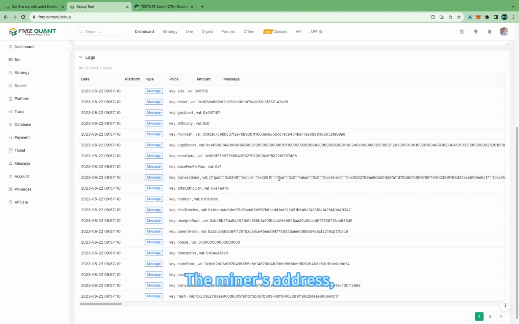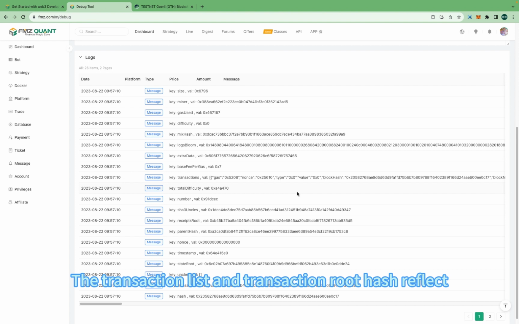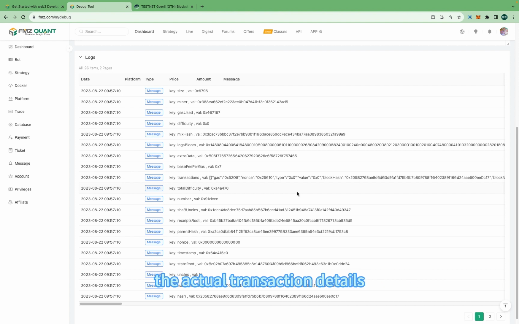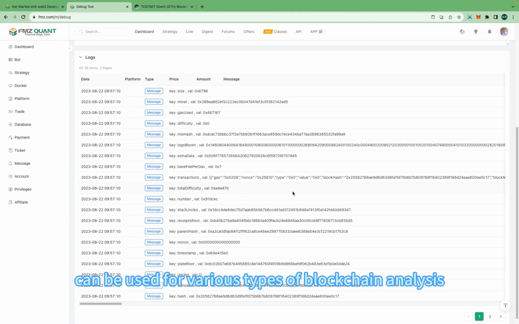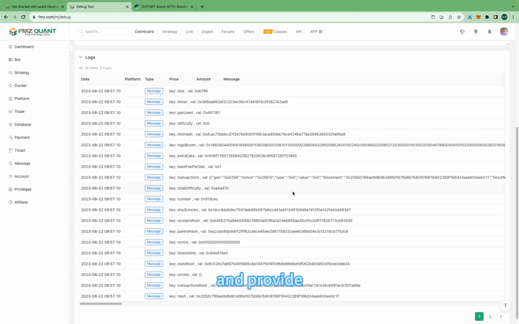The miner's address, nonce value, and the mixed hash value are related to the consensus algorithm. The transaction list and the transaction root hash reflect the actual transaction details within each block. This metadata information can be used for various types of blockchain analysis and provide necessary input data for developers to build smart contracts.